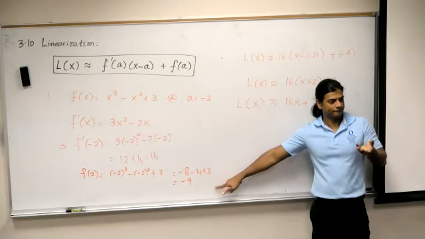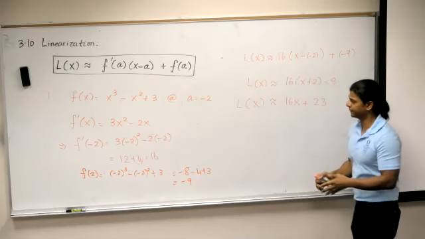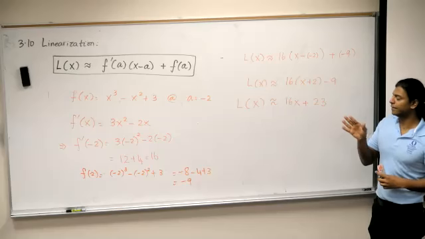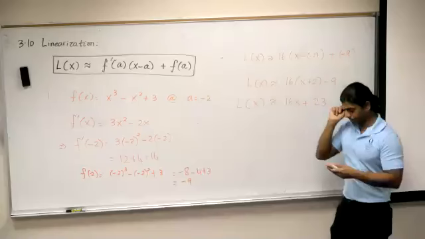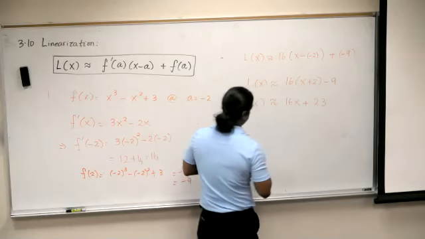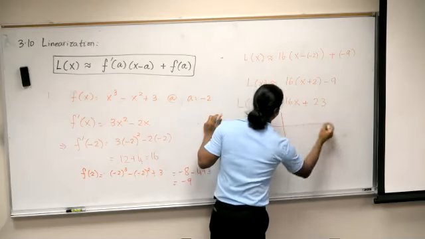It has to, right? Because we started with the exact value of the function. So the goal is to approximate in the neighborhood of a.